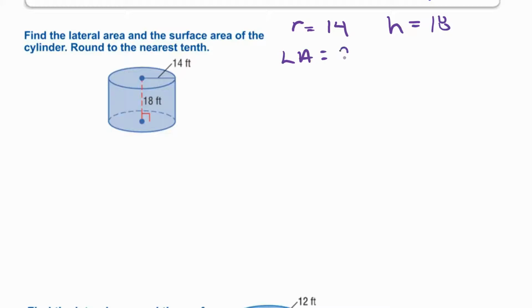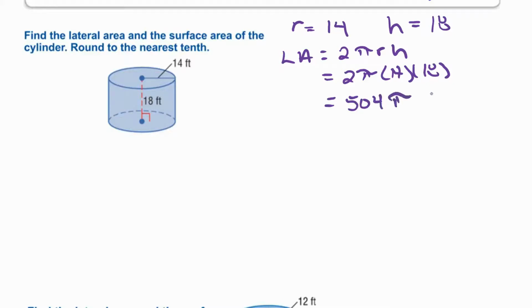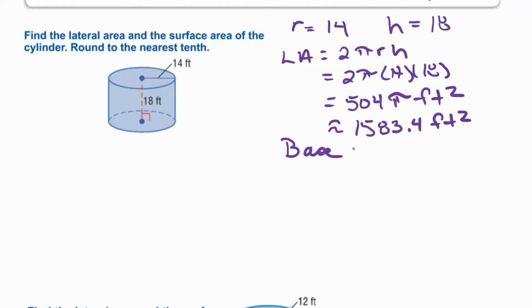So the lateral area is 2 pi r h, which gives us 2 pi times 14 times 18, which gives us 504 pi feet squared, which is approximately 1,583.4 feet squared. The formula for the base is pi r squared, so that gives us pi times 14 squared.